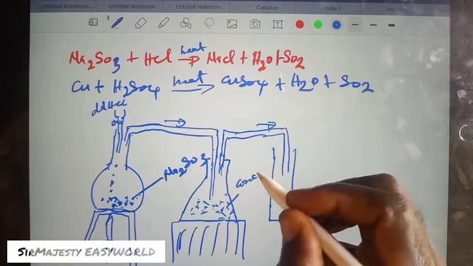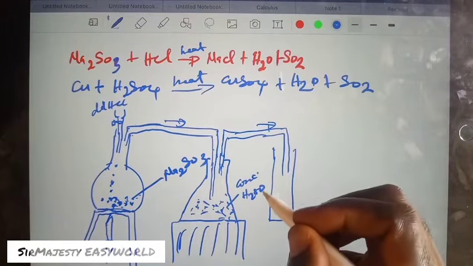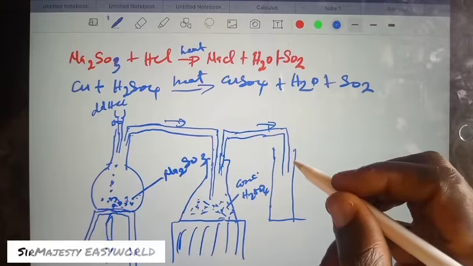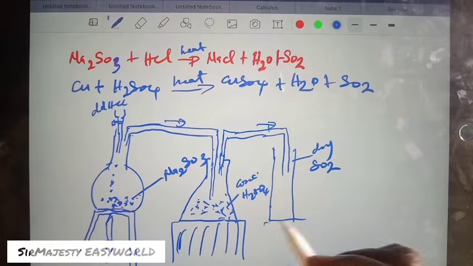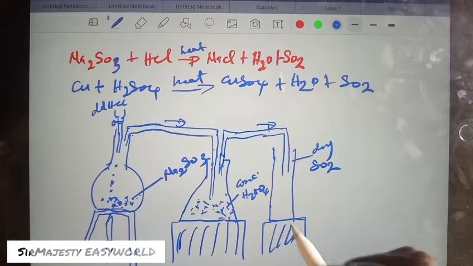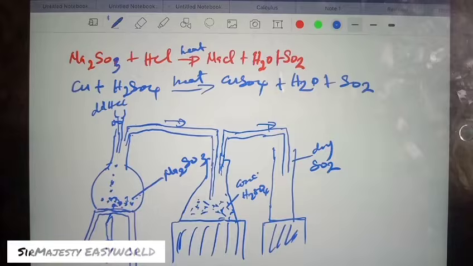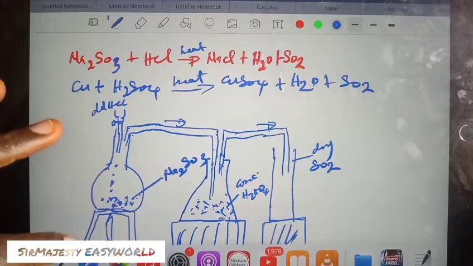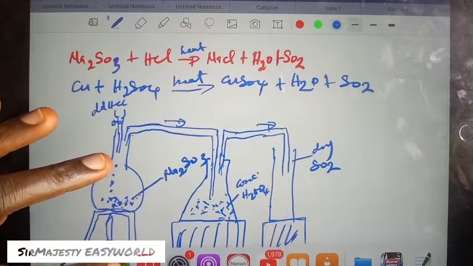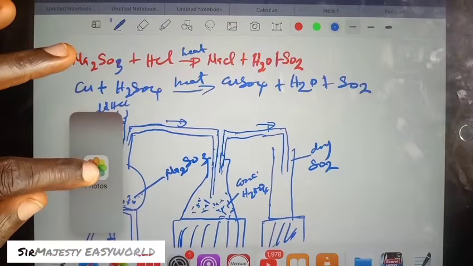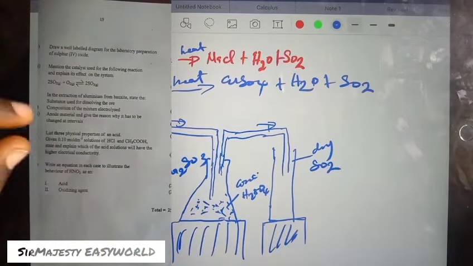So this is conc H2SO4 for drying of the gas, and over here is your dry SO2 gas. I think this makes it simple. So this is your gas jar, and this is the preparation, source of heat. Okay, then we have settled that question. You can label your source of heat, for example, Bunsen burner.